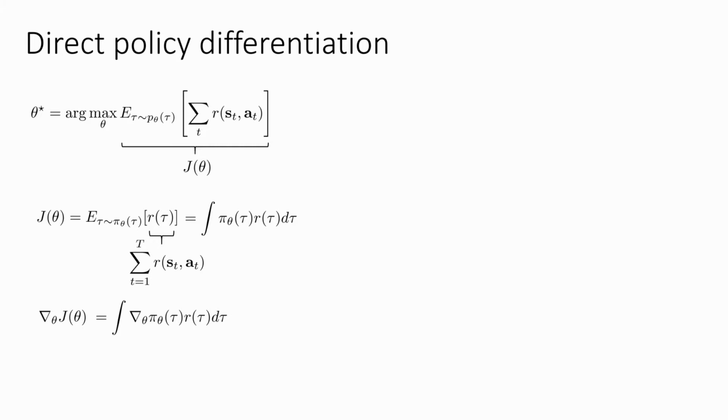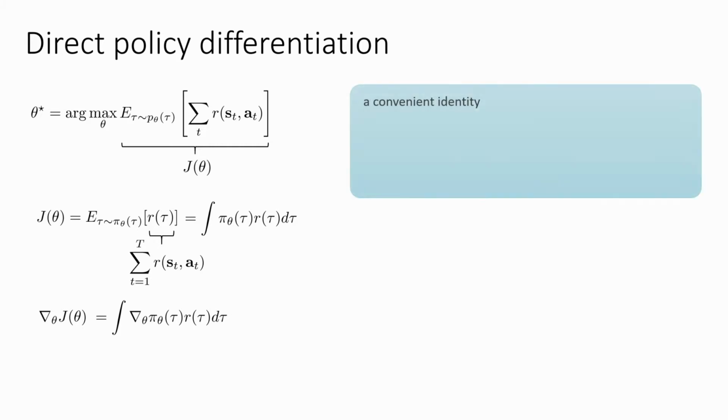So we need to do a little bit of calculus magic to really get this quantity. And there's a very convenient identity that we can exploit that makes this very straightforward to get. So this is the identity. If you have a quantity like this, pi theta of tau times grad log pi theta of tau, then you can look up the equation for the derivative of a logarithm in a calculus textbook and find out that the derivative of a logarithm can be written as the derivative of the quantity that you're taking the logarithm of, which is pi theta of tau, divided by that quantity, which is pi theta of tau.